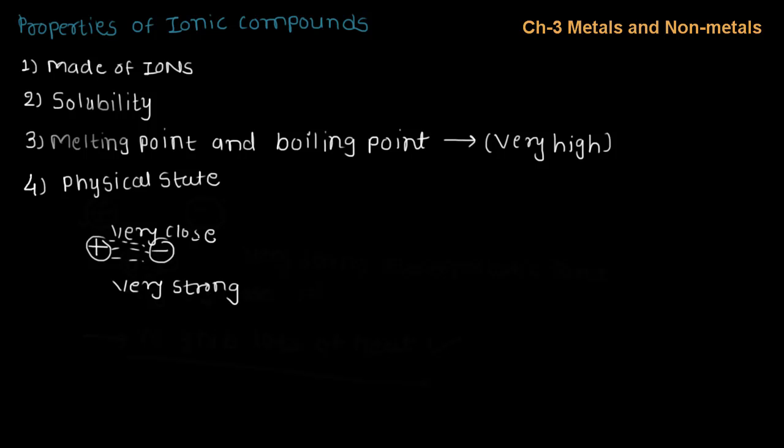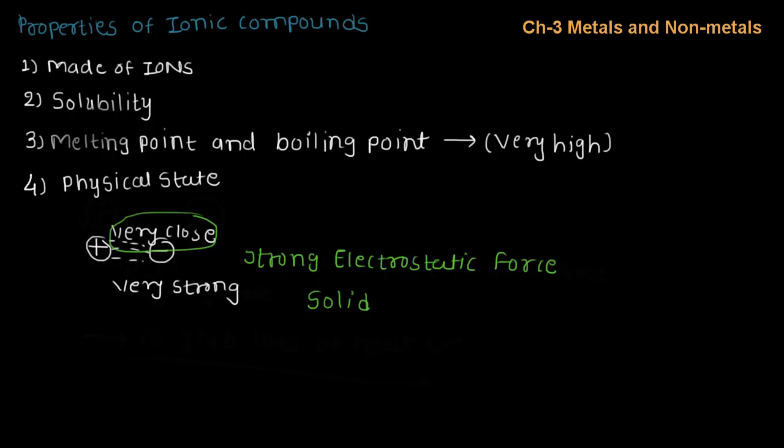Why solid state? Because of strong electrostatic force. Because of strong electrostatic force, the ions are very close, and therefore the physical state of the compounds will be solid, as we know.